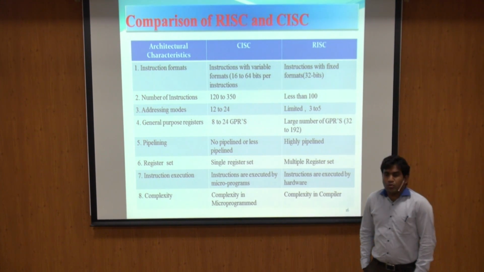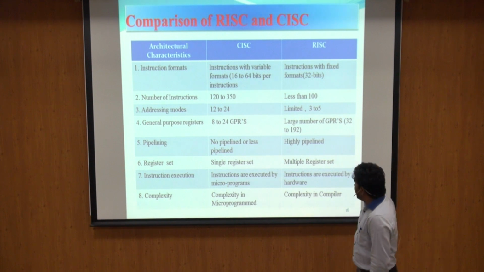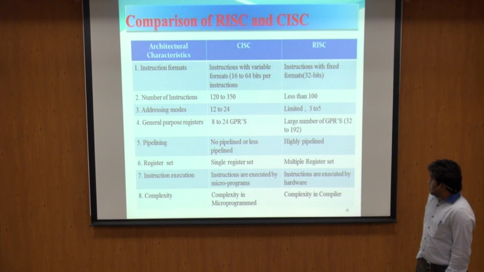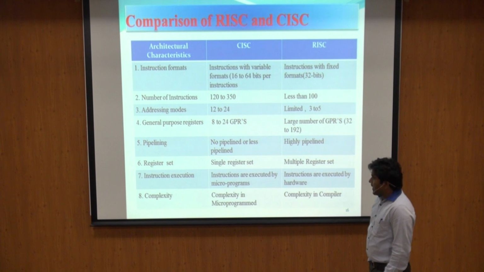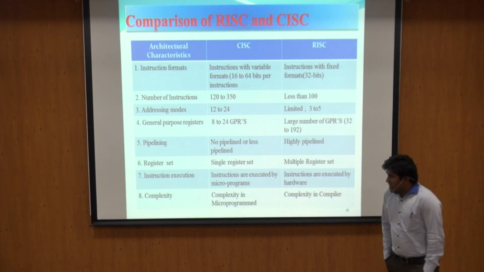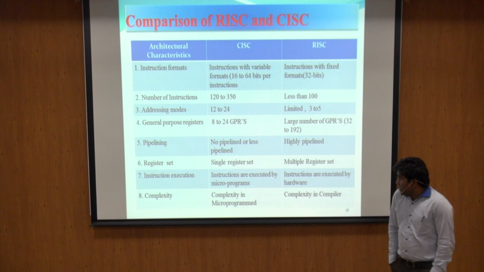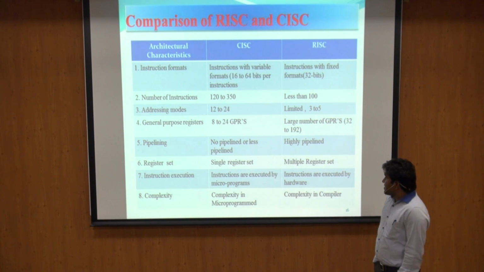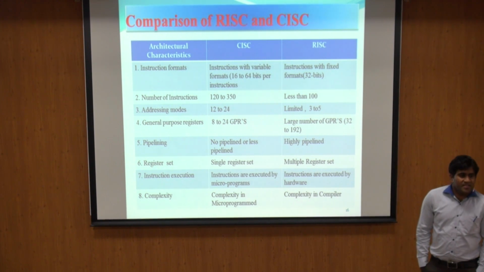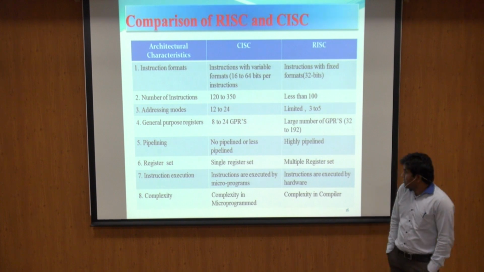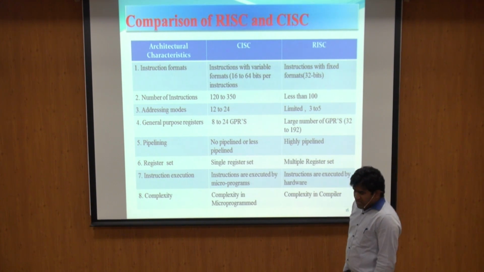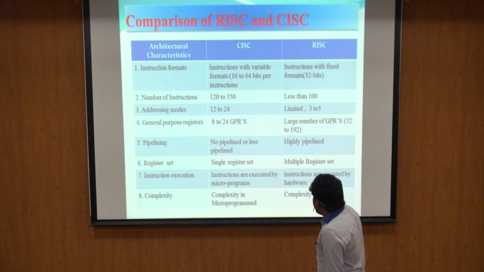RISC is highly pipelined. For the register set, CISC supports a single register set, whereas RISC supports multiple register sets.